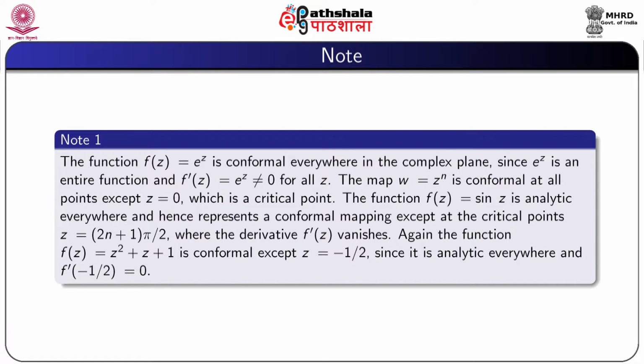The function f z equal to sin z is analytic everywhere and hence represents a conformal mapping except at the critical points z equal to (2n plus 1) pi by 2, where the derivative f dash z vanishes. Again, the function f z equal to z square plus z plus 1 is conformal except at z equal to minus half, because it is analytic everywhere and f dash minus half equal to 0.